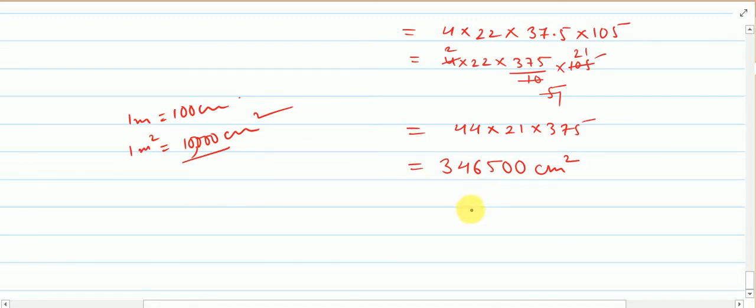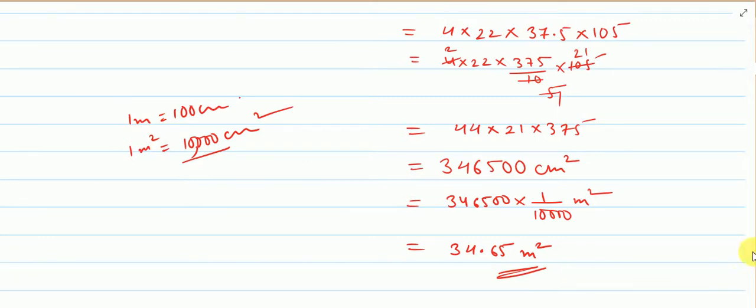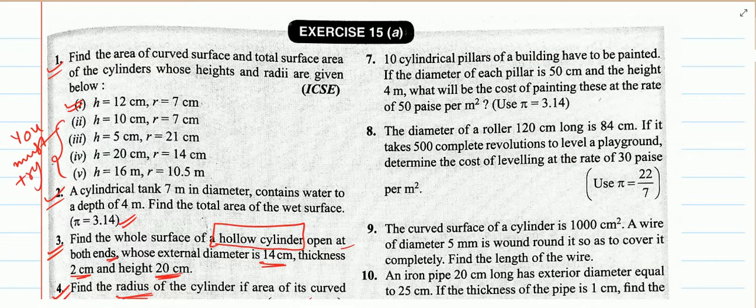Okay, so here what we'll get is, in place of this centimeter square, what you can write is, like here is centimeter square, so in place of centimeter square now you can write 1 upon 10,000 meter square. So 2 0 cancel and you are left with 34.65 meter square. Okay, so question number 6 is done.